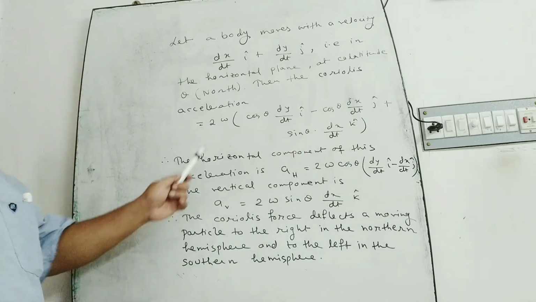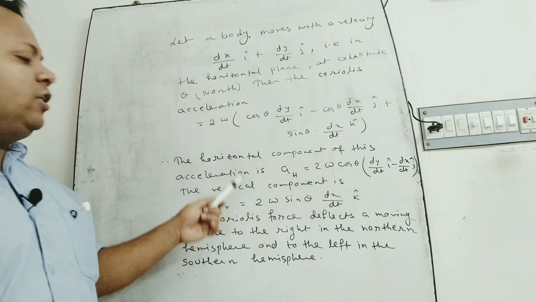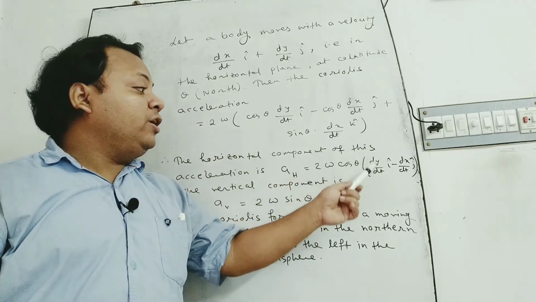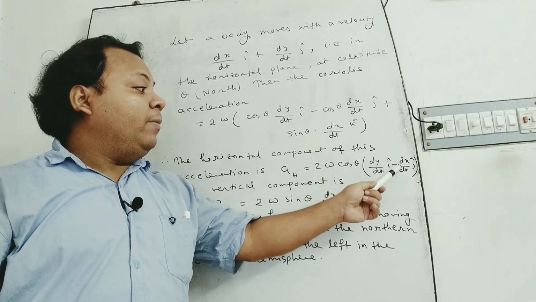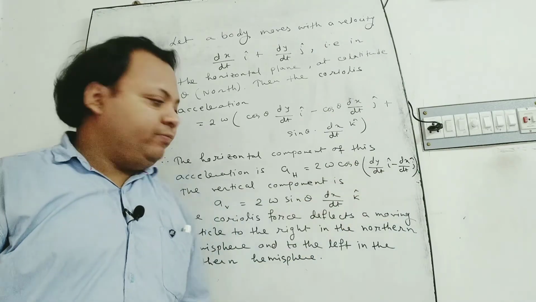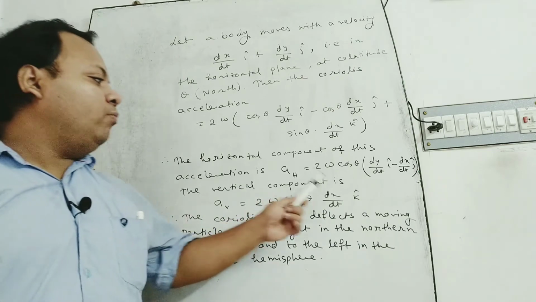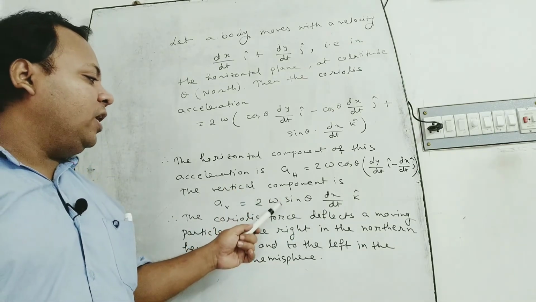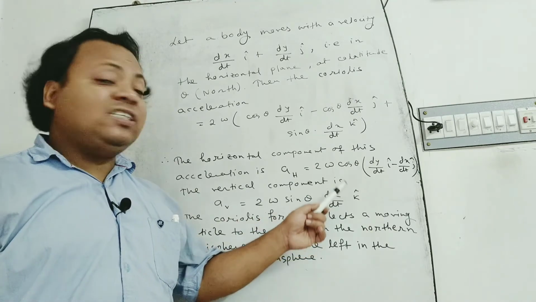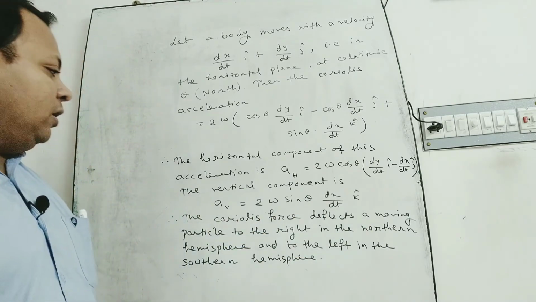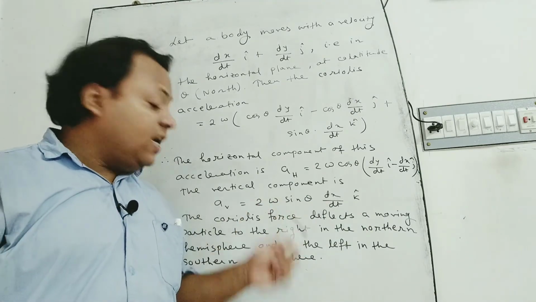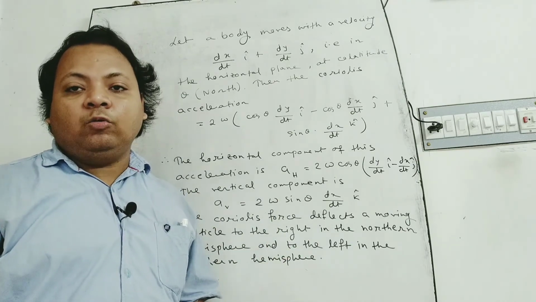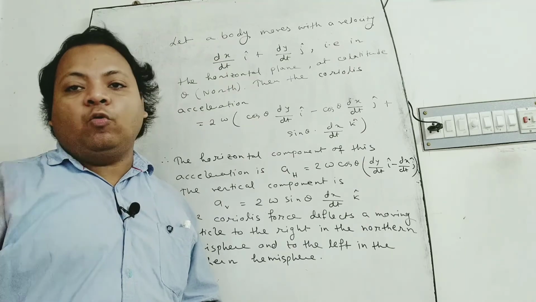Now the horizontal component of this acceleration is a h equal to 2 omega cos theta whole into dy dt i cap minus dx dt j cap. And the vertical component of this acceleration is a v equal to 2 omega sin theta dx dt k cap, where omega is the angular velocity of the earth about its own axis.